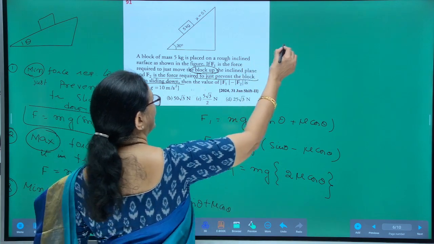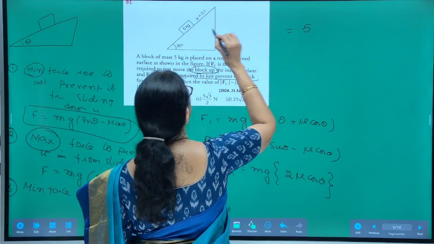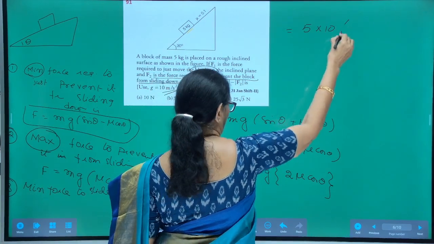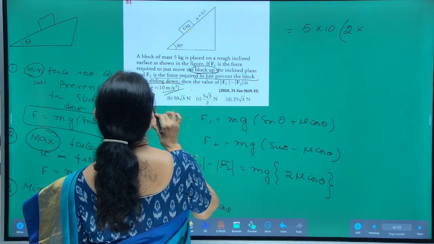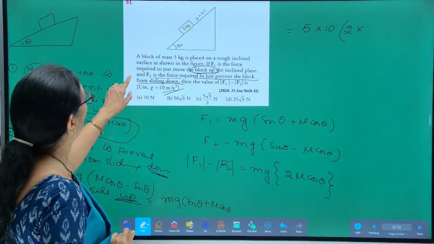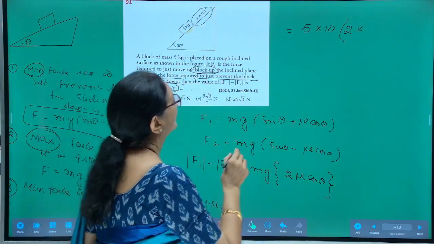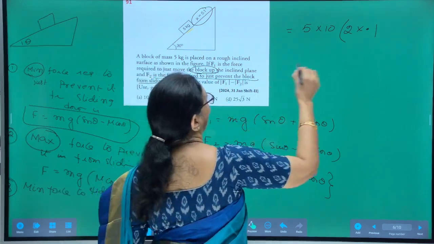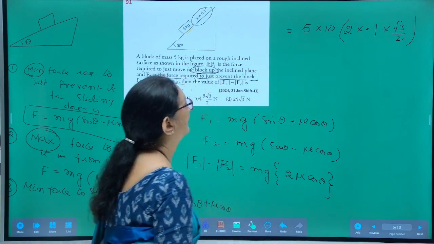Now, you substitute those values. What is the value of m given? It is 5. What is g given? It is 10. What is the coefficient of friction given? It is 0.1. Here it is given. Cos theta, theta is root 3 by 2, right?